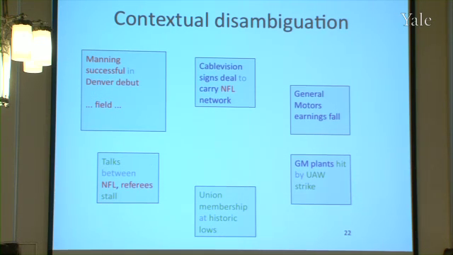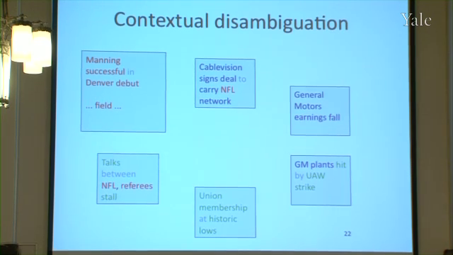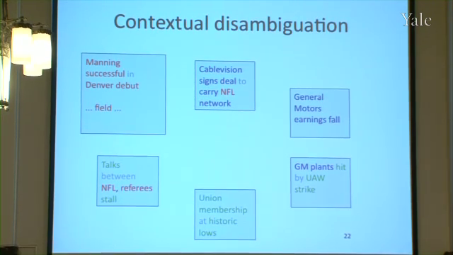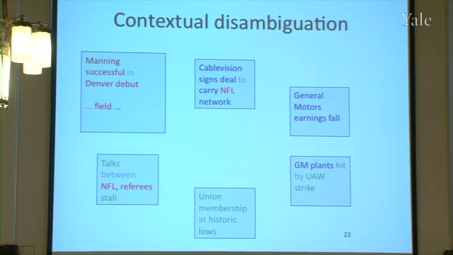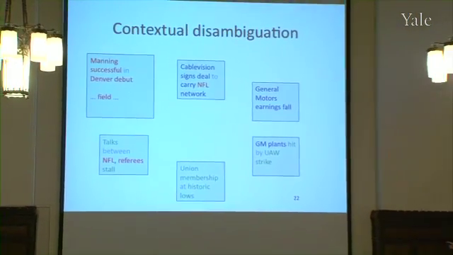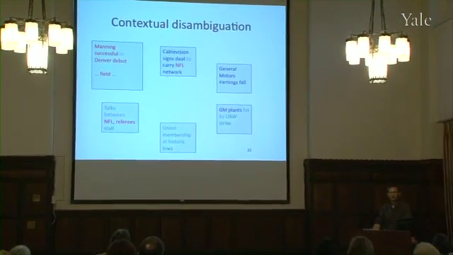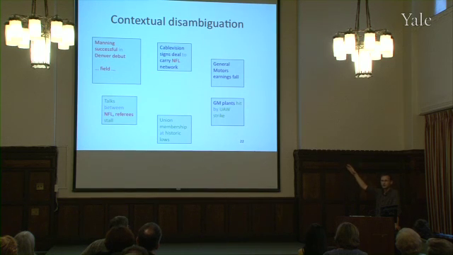But I can decide whether I want to put that word field with the sports theme or with the magnetism and physics theme. And I can get clues about what choice I should make by looking at the other words in that document. So if most of the words in that document I've put in the red category, then probably I should also put that ambiguous word in the red category.